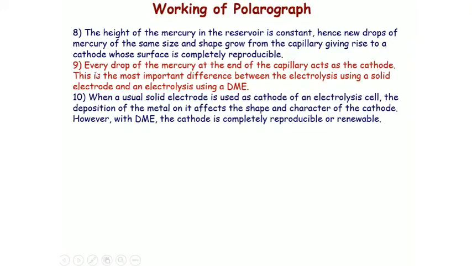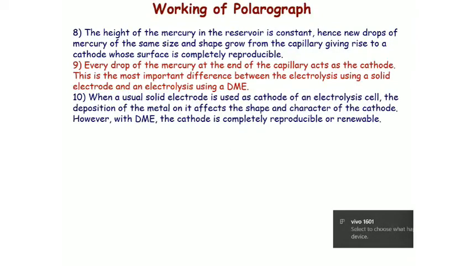This is the most important difference between electrolysis using a solid electrode and electrolysis using the DME, because when we use a solid electrode, the metal ion gets reduced and deposited on the electrode, and due to the deposition, the size and shape of the electrode changes. But in polarography, the surface area of the mercury drop is continuously renewed.